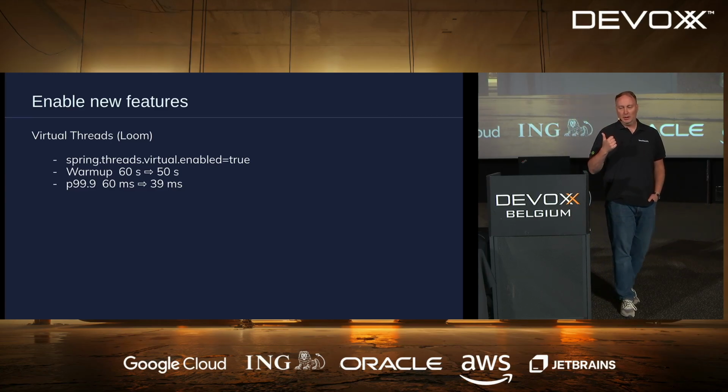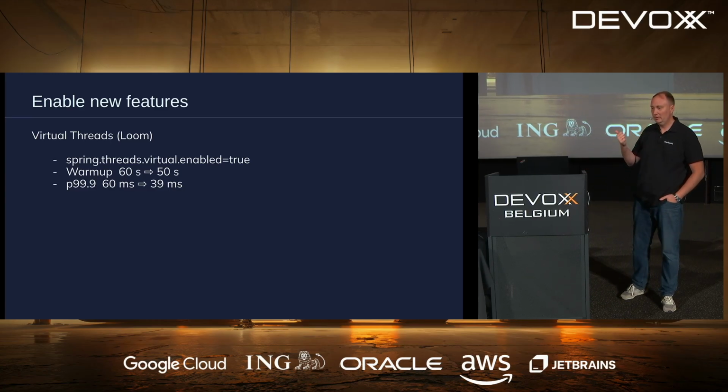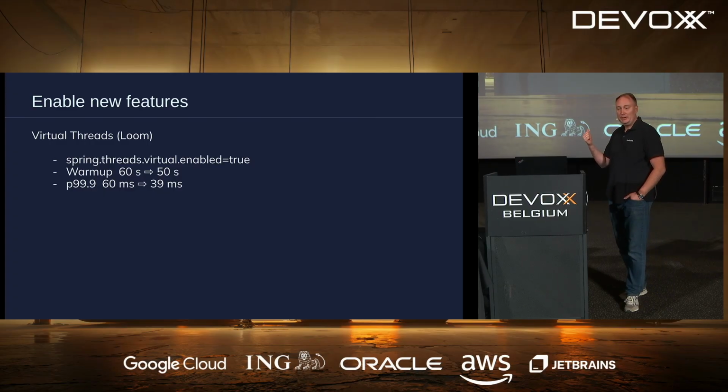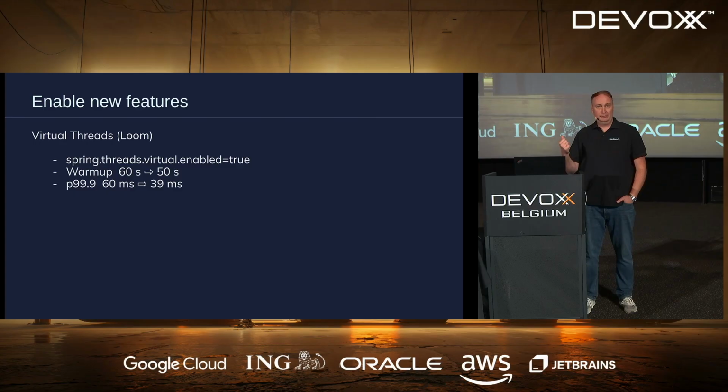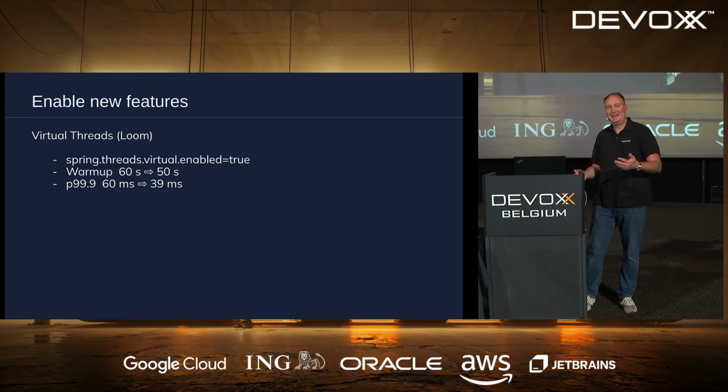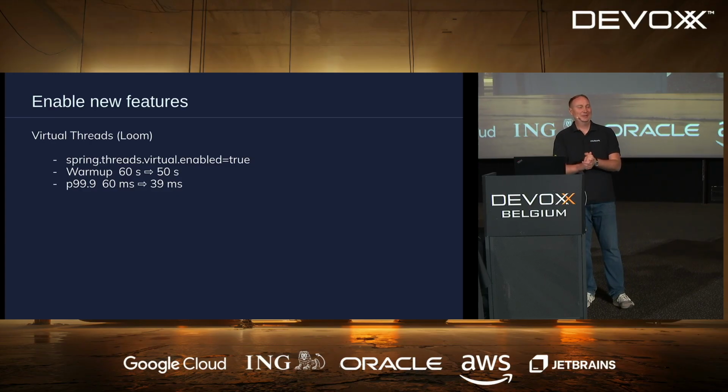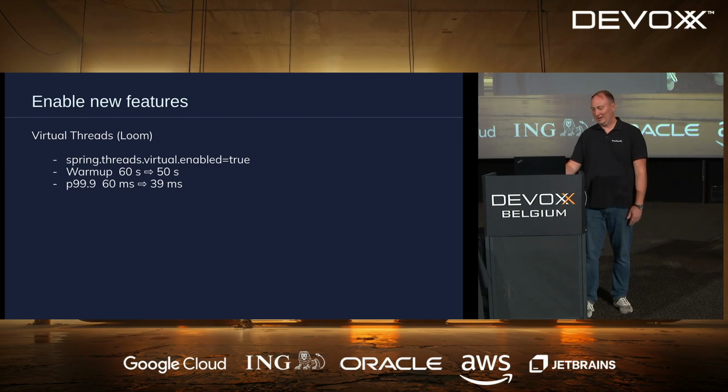So that's how virtual threads were enabled. And indeed, it even improved the warm-up, and the latency is better. So the same garbage collector, we simply enabled one property. Here's the pill, take it. The framework did it for us, enabled virtual threads. JVM did it for us. Good for the application.